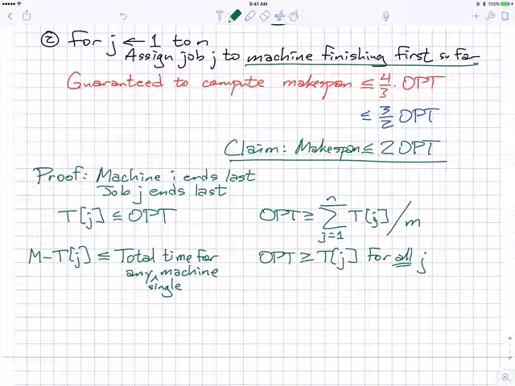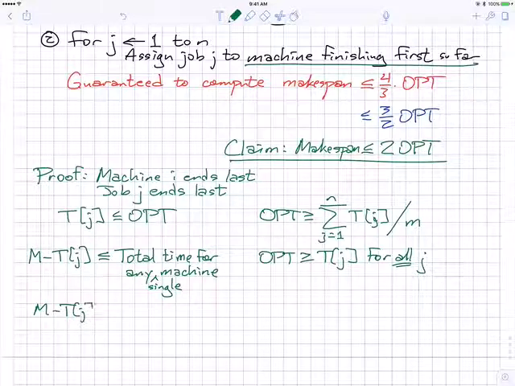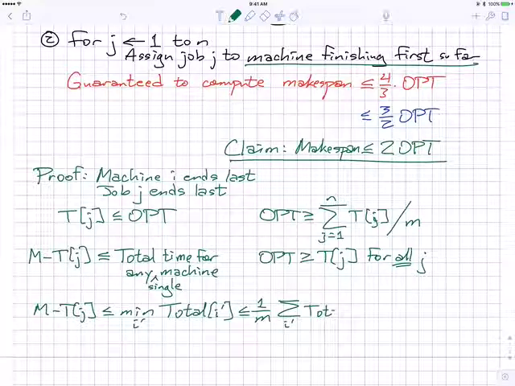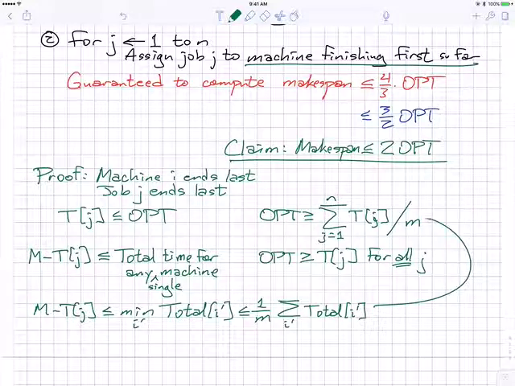So in particular, M minus T of J is less than or equal to the minimum over all machines I prime of the total running time on machine I prime. This is less than or equal to the average, 1 over m times the sum, but that's just this, so this is less than or equal to opt.